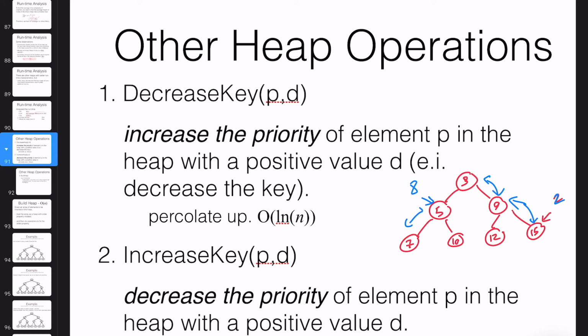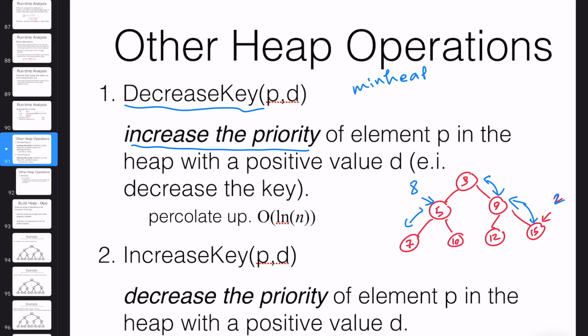So we need 2 more methods. One of them is called DecreaseKey. If you have a min heap, decreasing the key means that you increase the priority of that item. So you have to percolate it up. Let's just call it DecreaseKey, and it will percolate the values up.